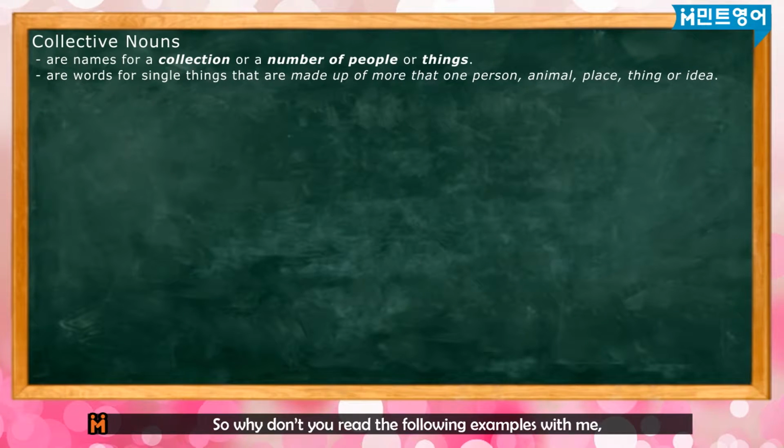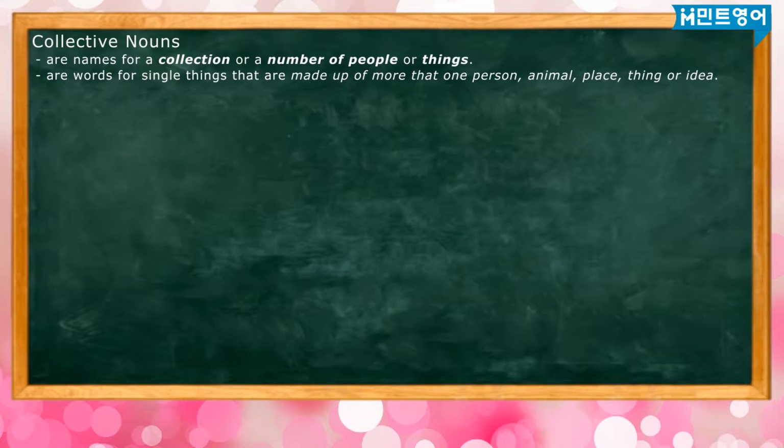So why don't you read the following examples with me? And you will find it much easier to recognize collective nouns once you see them. Number 1, class. Number 2, herd. Number 3, jury.